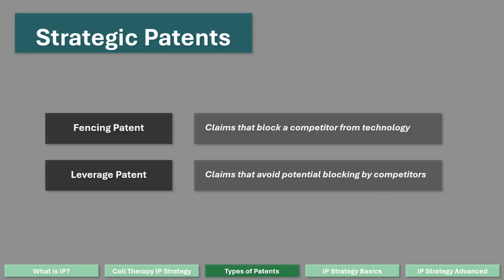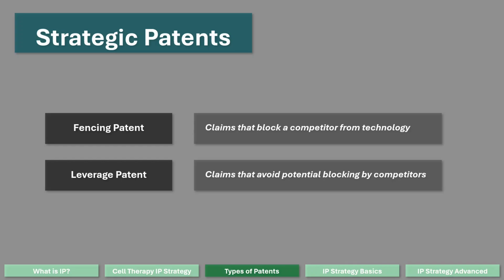Firstly, fencing patents are claims that a biotech does not need to file, but still do, to block a competitor. Fencing patents create a choke point to control a niche area of technology. The most common type of fencing patent is a cover assay, or potency measurement. This type of patent covers an analytical method to measure the characteristics of a lot of cells.